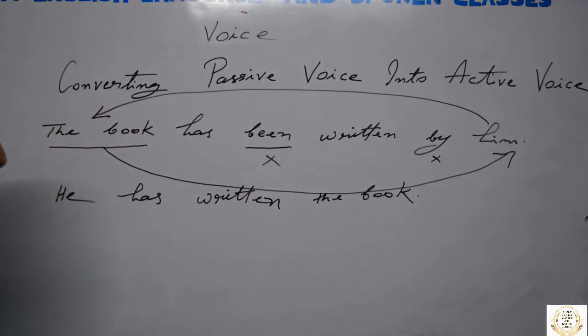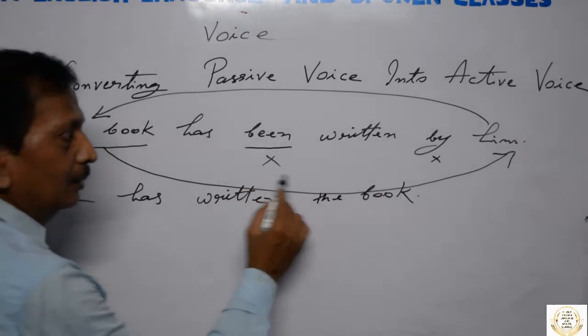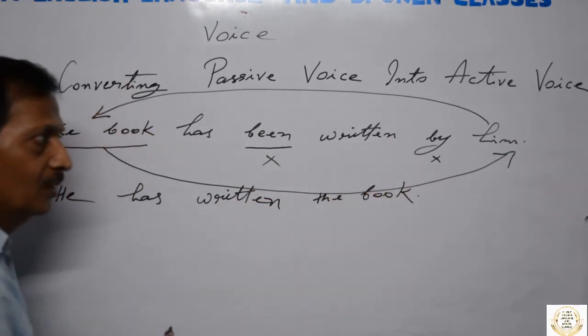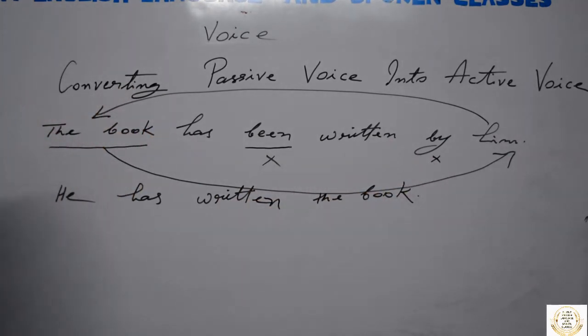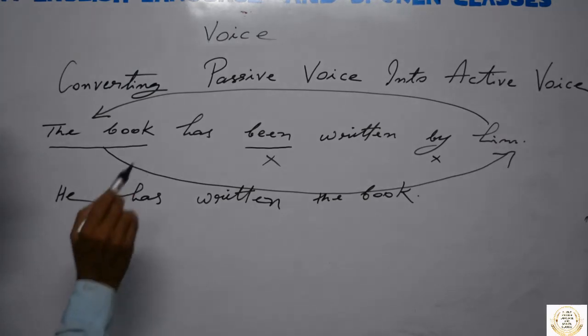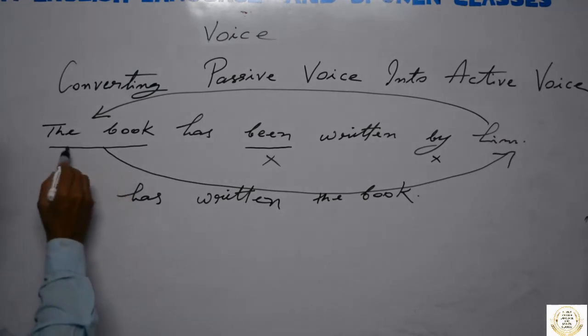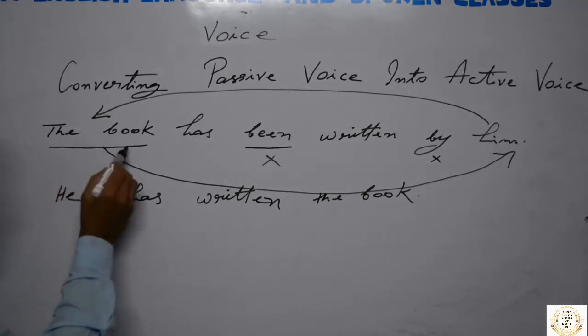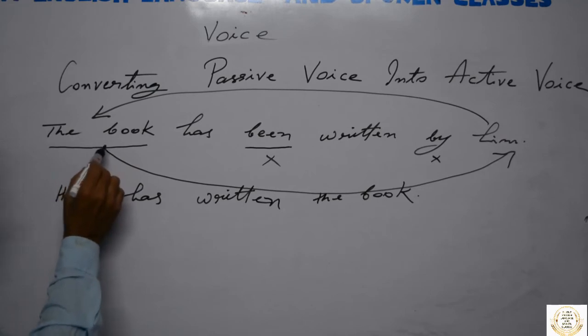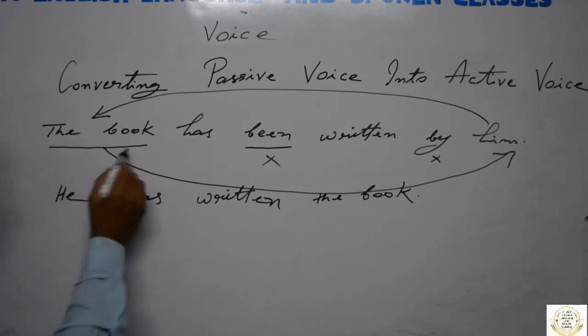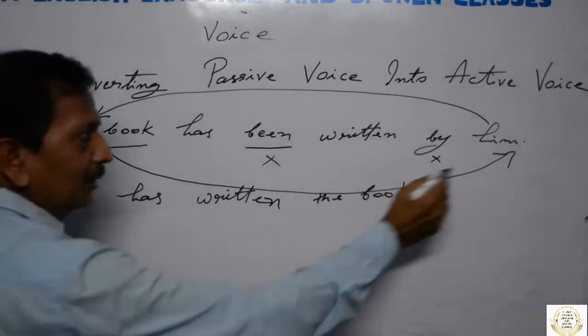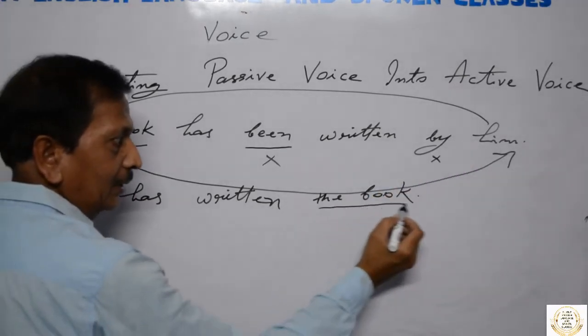What have you omitted? You have omitted two things, been and by. What other changes have you made? You have used the book, here it is the passive subject, and it will be written in the last. You can see here in the answer.